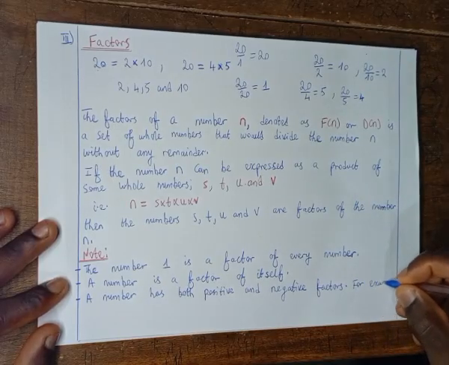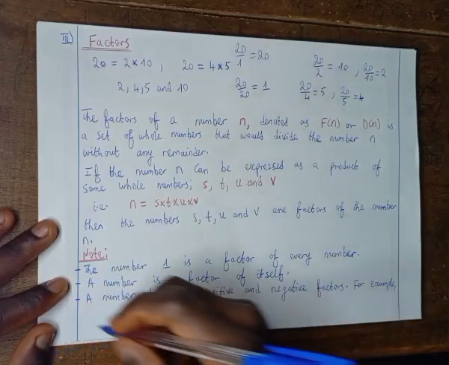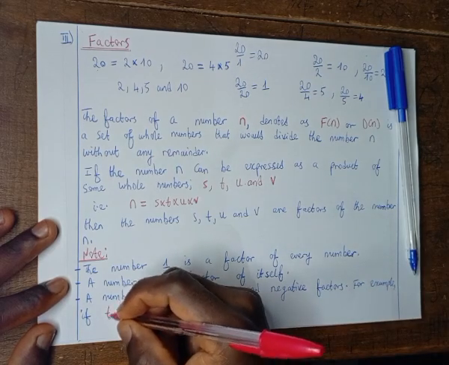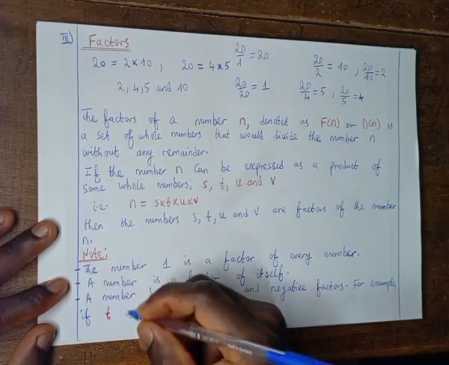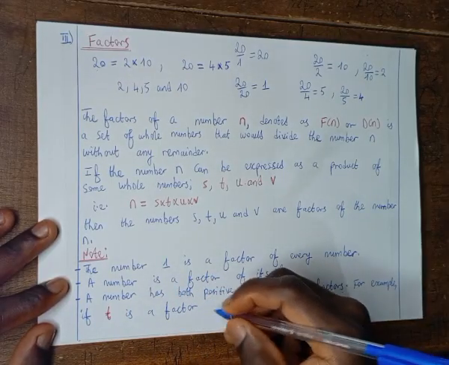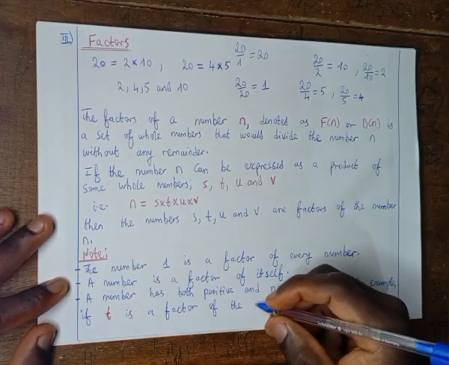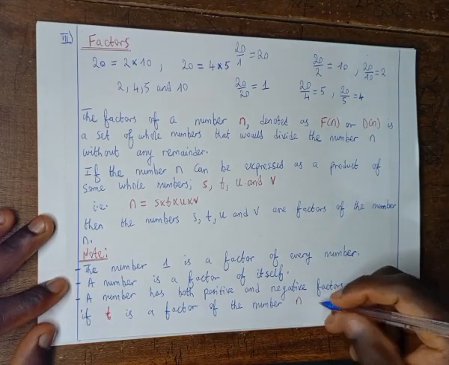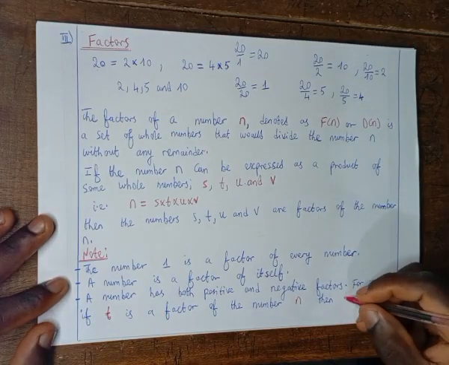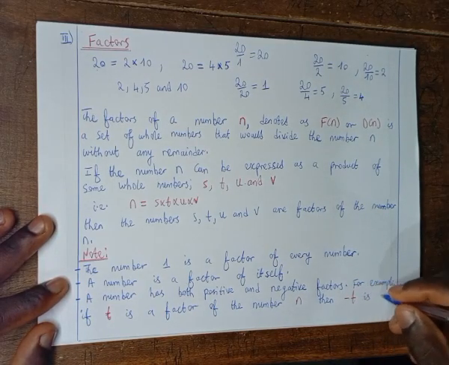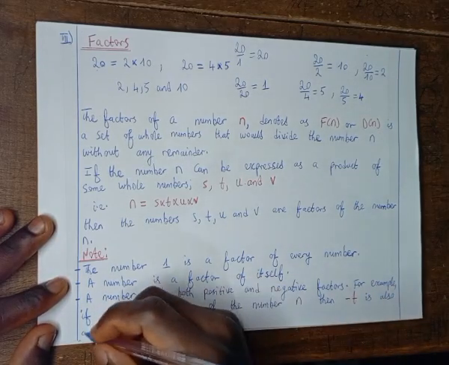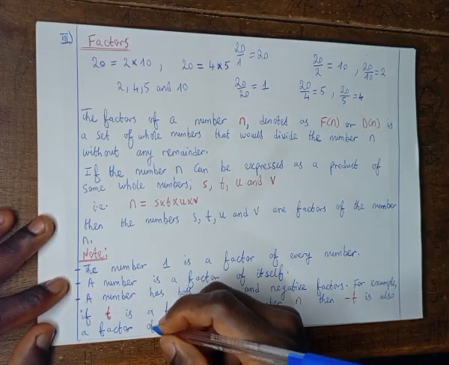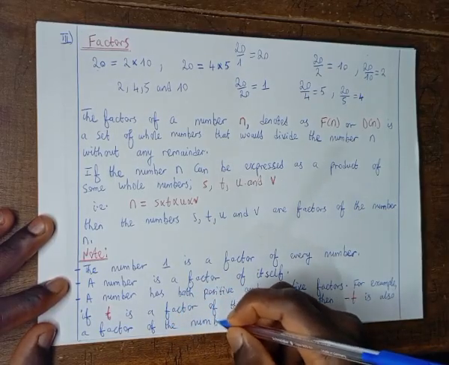For example, let's assume t is a factor of the number n, then negative t is also a factor of the number n.